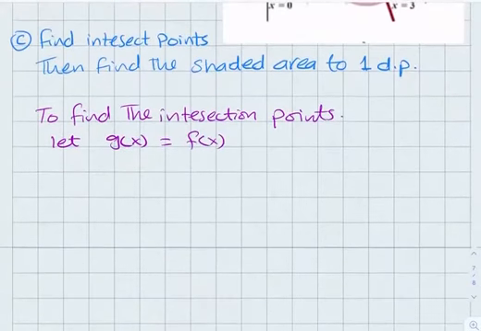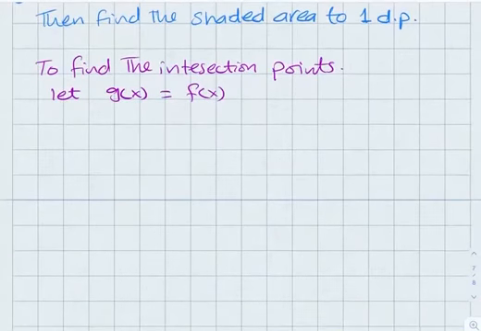So this is going to be minus x squared plus x plus 6 equals x squared minus 5x plus 6.